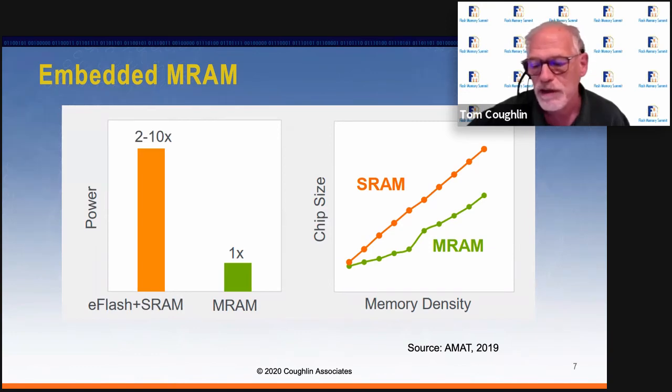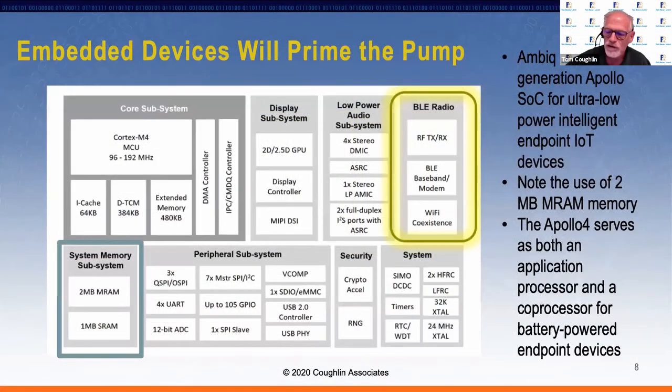MRAM could replace embedded SRAM and NOR since it offers lower power, lower cost, and higher density, as shown here. The type of MRAM that is used for a particular application can be tuned, optimizing for its data retention, endurance, and capacity. Microcontrollers, ASICs, and other SoCs will lead in the use of persistent memory in embedded devices.